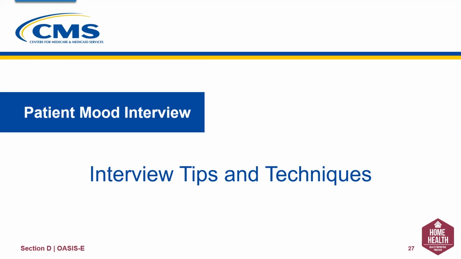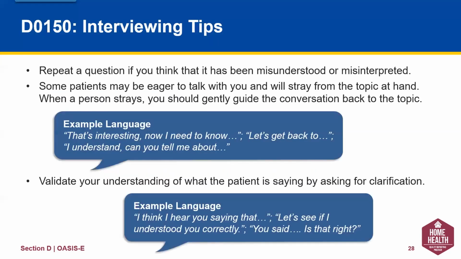Okay, let's review some interview tips and techniques. You can repeat a question if you think that it has been misunderstood or misinterpreted. Some patients may be eager to talk with you and will stray from the topic at hand. When a person strays, you should gently guide the conversation back to the topic.